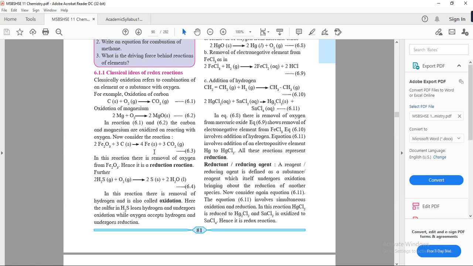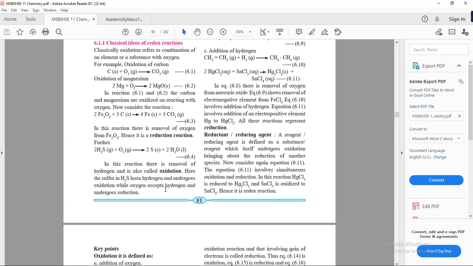See, it is a reduction reaction. Now another example, here you can see we are adding oxygen in this reaction. H2S reacts with O2. It is an oxidation reaction, but one more definition we can see here. From H2S the hydrogen atom is removed and sulfur is forming.